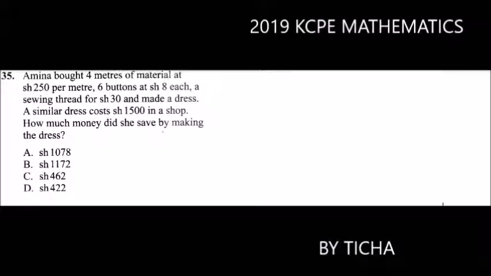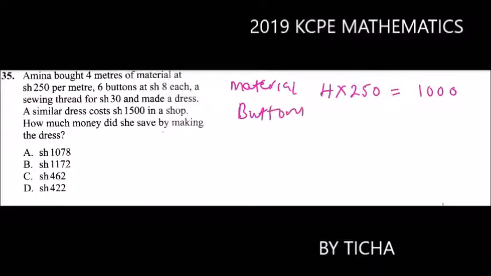So here you need to calculate the amount of money that Amina spent on this material. So 4 meters, so you say material, each, she bought 4 meters times 250, and that will give you 1,000 shillings. Then 6 buttons at 8, so we say buttons, she bought 6 multiplied by 8, and that should give you 48.